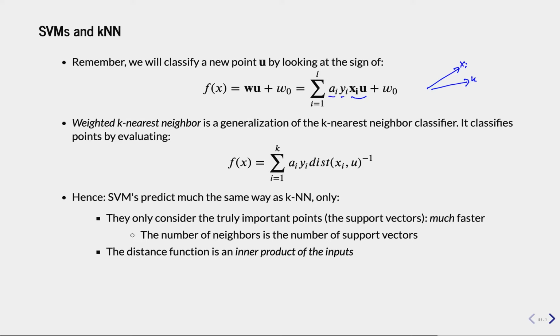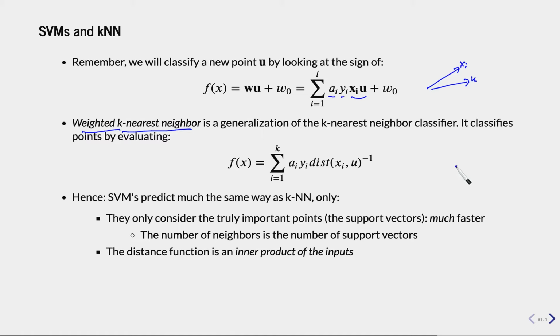Now, this reminds us of something because this is very close to k-nearest neighbor. It's not pure k-nearest neighbor, but it's a weighted version of that. Right? So weighted k-nearest neighbor is a generalization of k-nearest neighbor where every point has a weight.